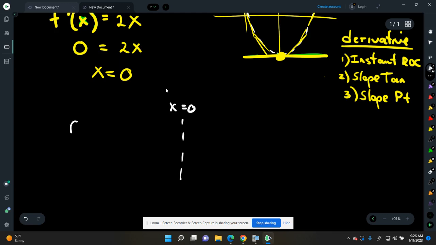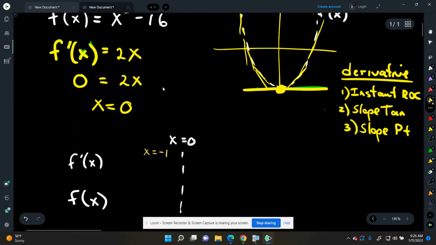So we just make ourselves a little table. Okay, to the left of 0, so maybe at x equals -1, what's happening with f prime? It's going to be negative because 2 times -1 is negative. I don't really even care what the actual value is. I just care that it's negative.